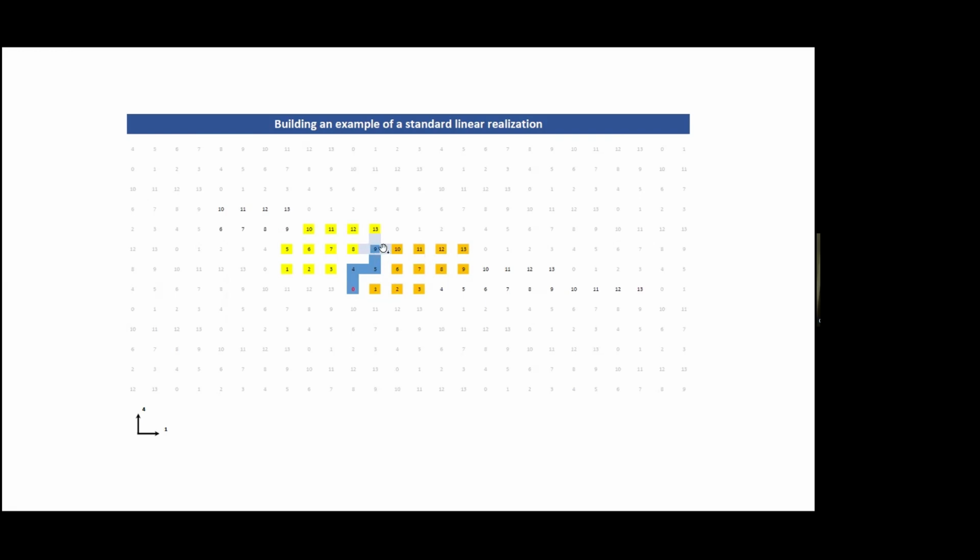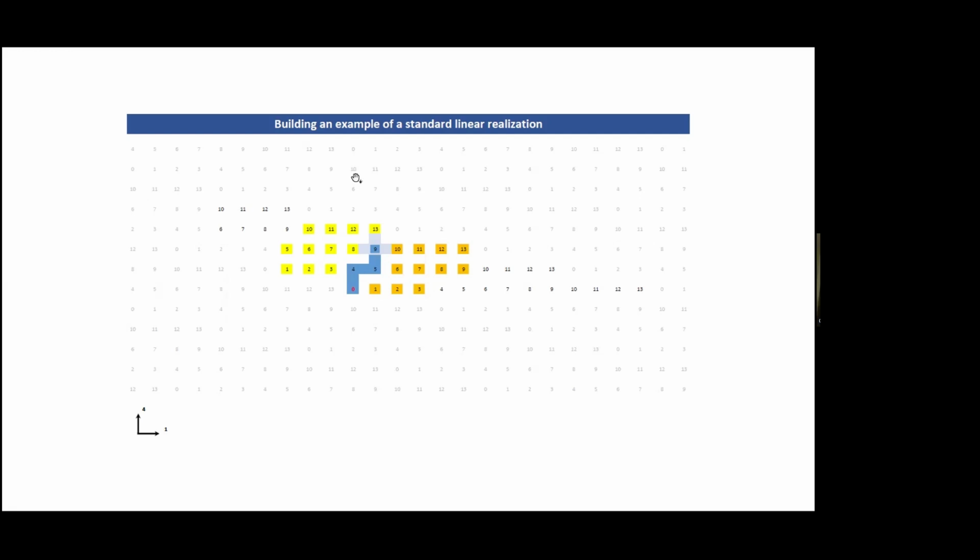The moment I move right, I'll be in this dark orange region, which I will never be able to leave. Or if I move up or to the left, I'll be in the yellow region, which I won't be able to leave. And either way, because I have already covered 9, I won't be able to reach these areas anymore. So as you keep moving, you're actually at the same time sort of eating out all the other areas that you can reach. So you're getting very, very restrictive.